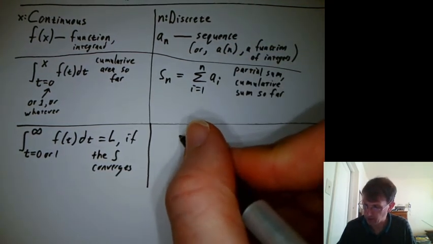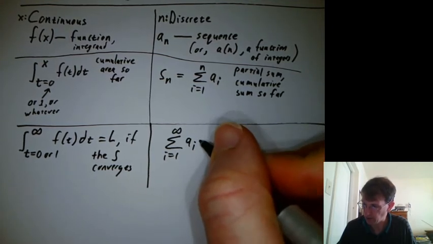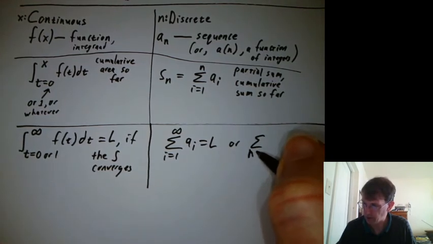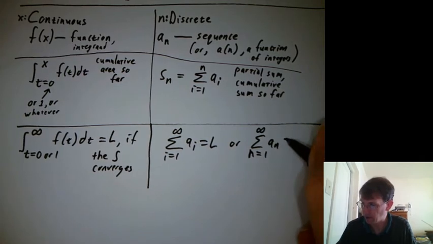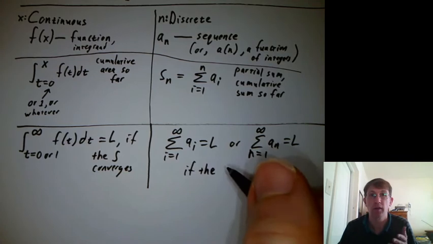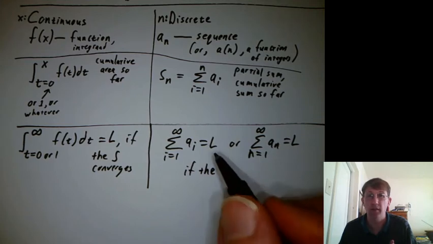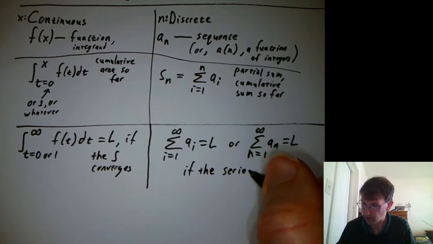We'd say the sum I equals 1 to infinity of a sub I equals L. Or sometimes we lapse back into n equals 1 to infinity of a sub n equals L. Here would I say if the series converges or the sequence? Here I'm talking about the series, the infinite sum. So this is if the series converges.